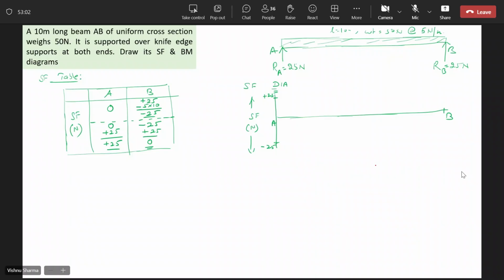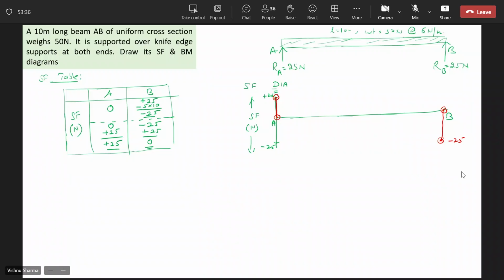So we have 0, we have plus 25, it goes here. Then we have minus 25, and then 0. This is minus 25. Now we have to join plus 25 with minus 25. For the shape, we look at the beam diagram, and the change from plus 25 to minus 25 is propelled by the weight of the beam.